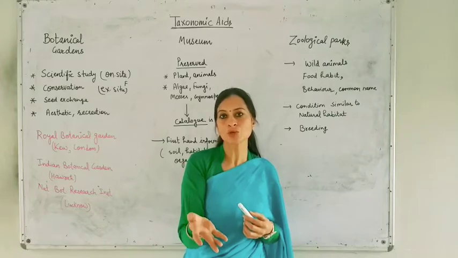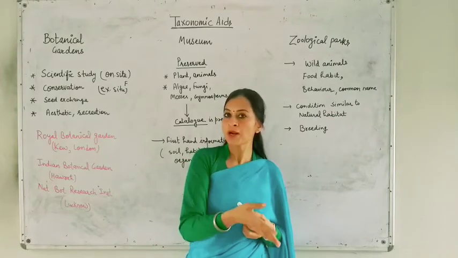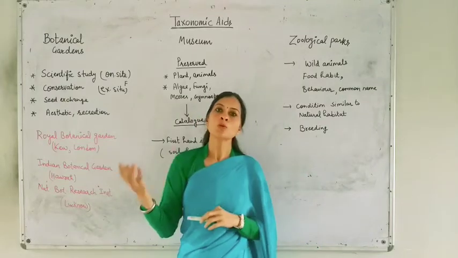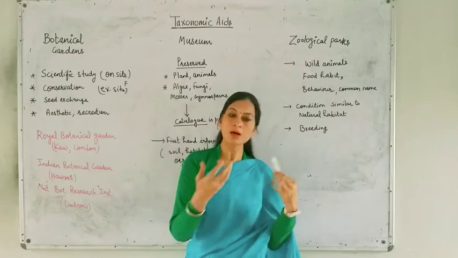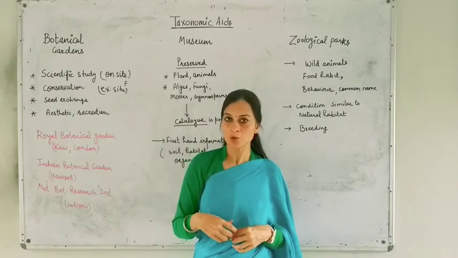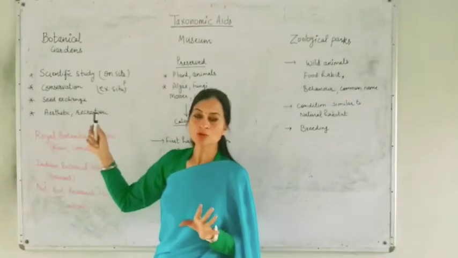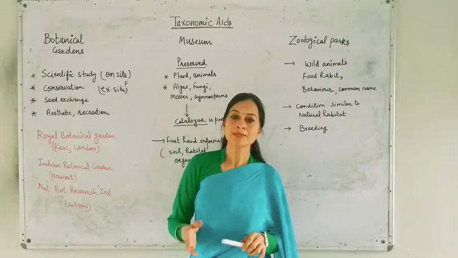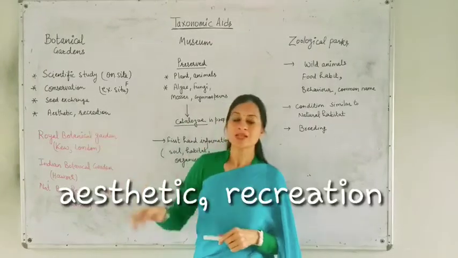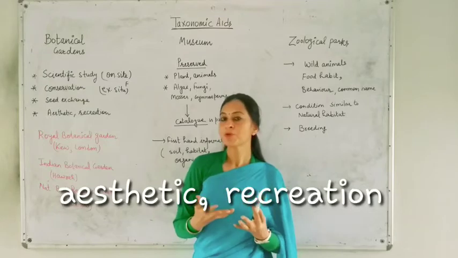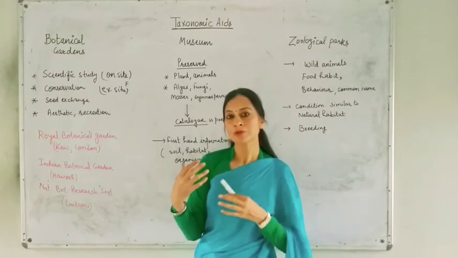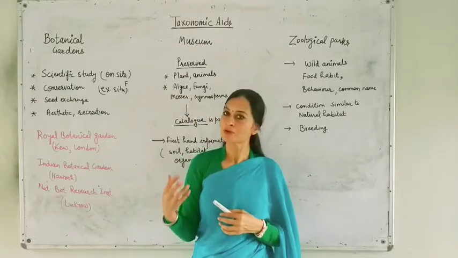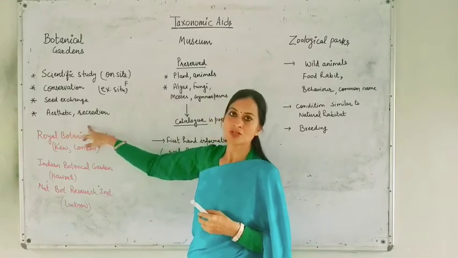They have a collection of seeds of the plants present in that garden, and we can take those seeds and grow them in an area of our choice. Various seed exchange programs are also associated with botanical gardens, and they are also places of aesthetic and recreation purpose, because they provide greenery. So people around the botanical gardens regularly visit for aesthetic and recreation purposes.